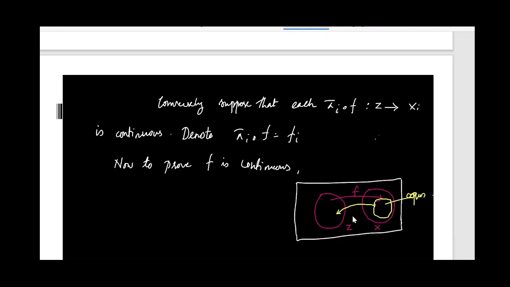That is f inverse of this open set, suppose it is V. Now, if f inverse of V is open here, we will say that f is continuous.